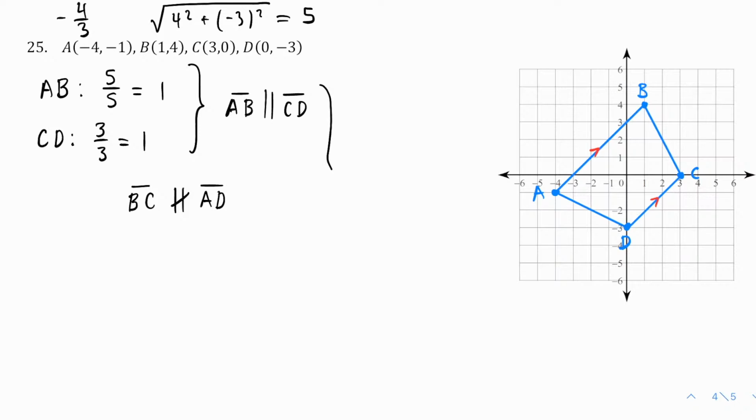So since we have exactly one set of parallel sides, this is some kind of trapezoid. Looking at your reference sheet, we could get more specific if we know that it's an isosceles trapezoid. So what we have to check is if these two lengths are the same. So we need to check, is AD congruent to BC? Well, for AD, I have a rise of -1, -2.